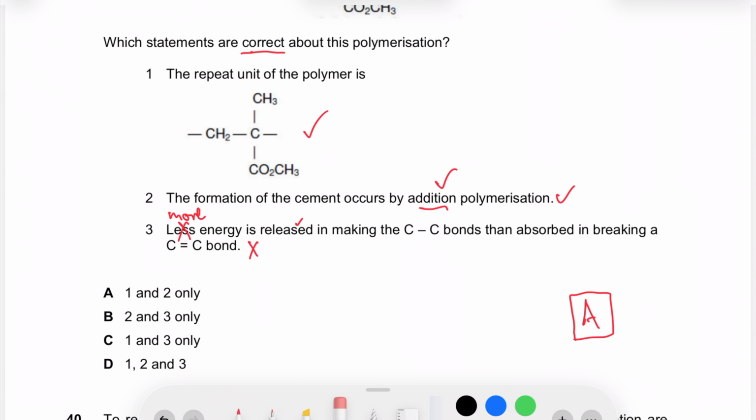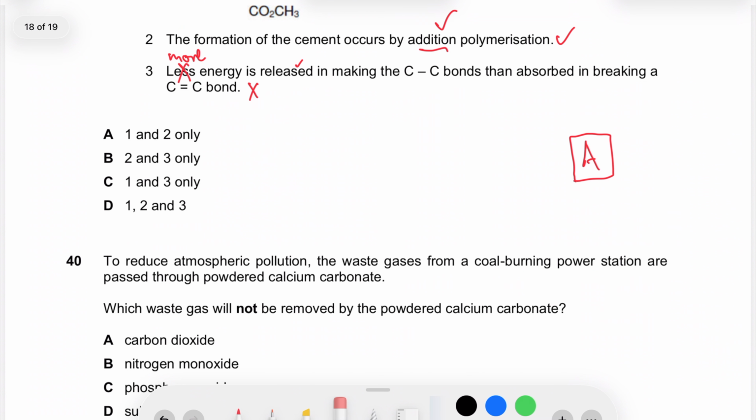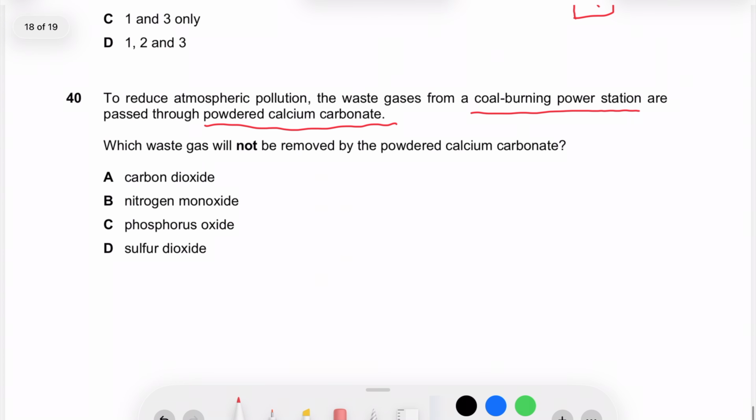3, 2, 1, start. Okay, question 40. To reduce atmospheric pollution, the waste gases from a coal burning power station pass through powdered calcium carbonate. Okay, so this one will be under flue gas desulfurization.